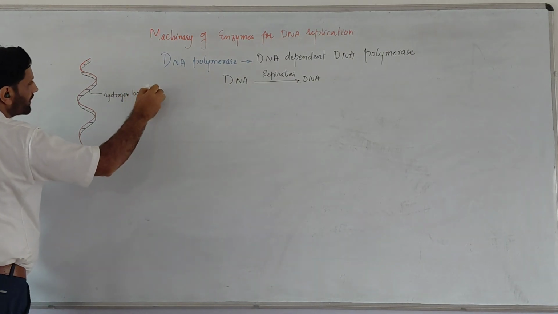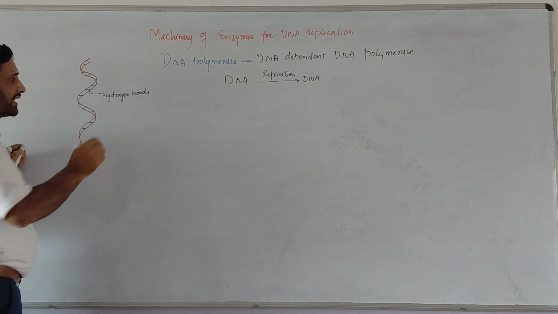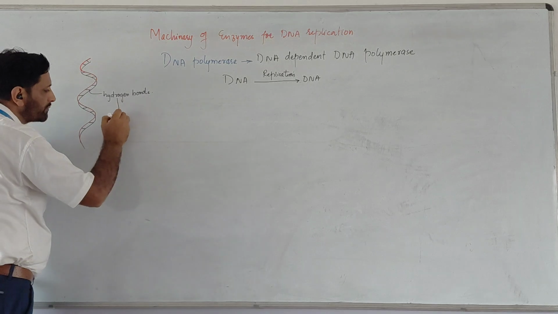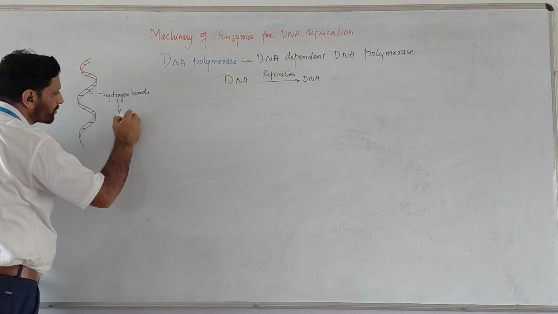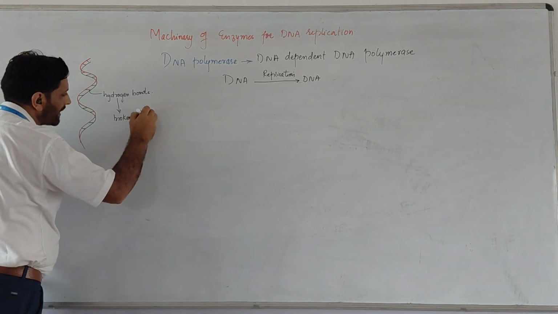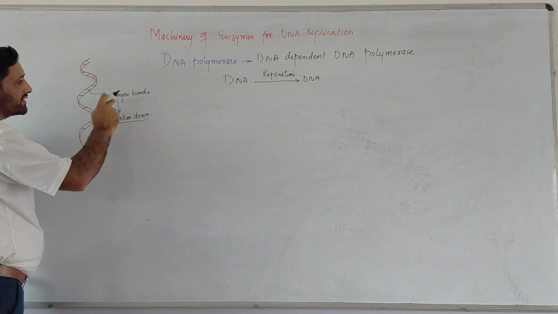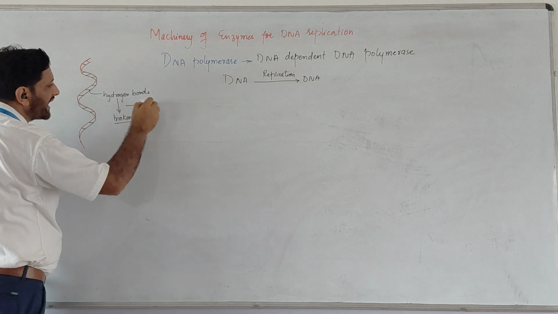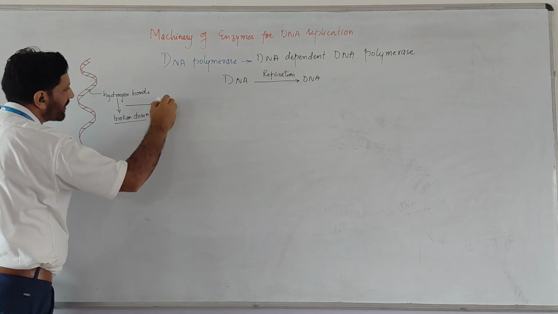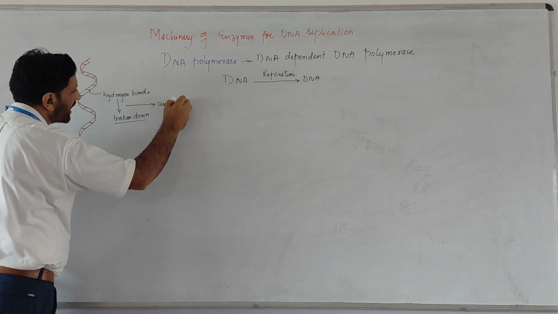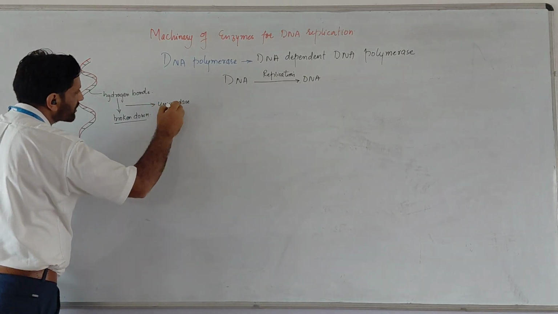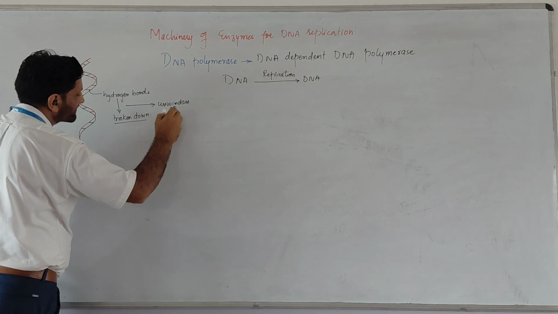To break these hydrogen bonds, we need an enzyme that is called unwindase, or we can also call it helicase.